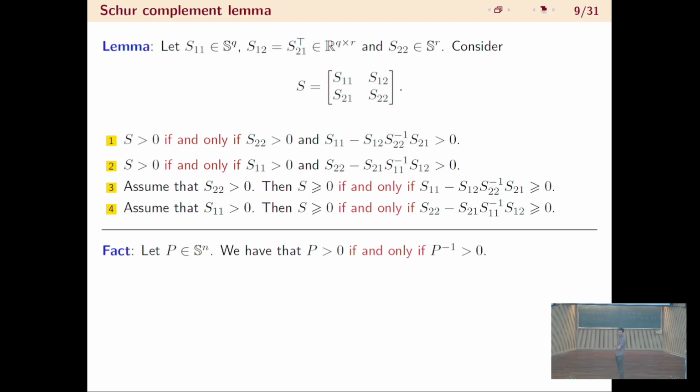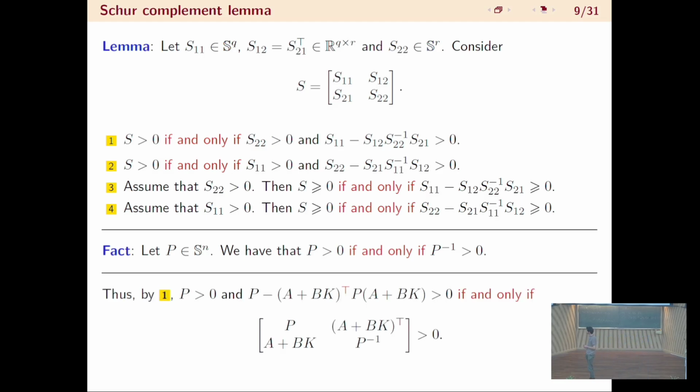And the eigenvalues of P inverse are just 1 over the eigenvalues of P. So if all the eigenvalues of P are positive, obviously 1 over those eigenvalues are also positive. So that's how this fact follows. So P is positive definite if and only if its inverse is positive definite. Great.